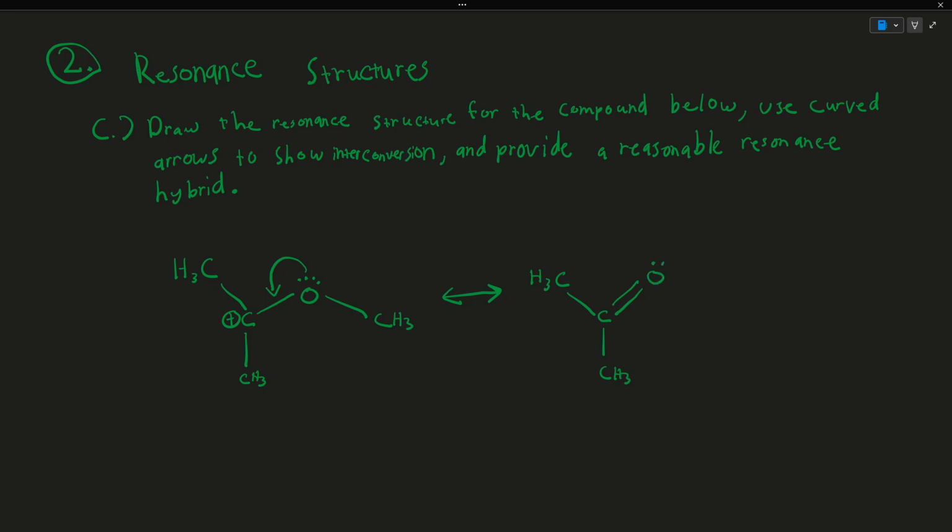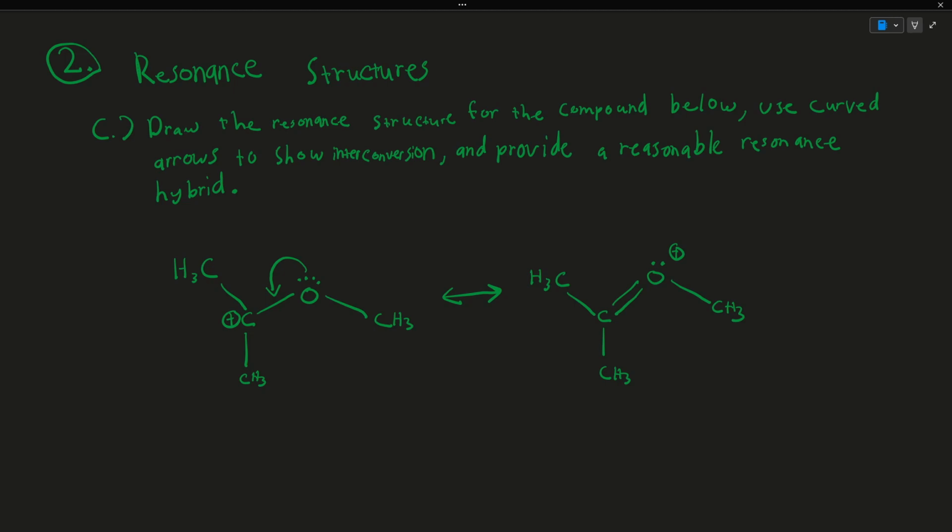Now what you see here is the carbon that was once positive is now neutral, and the oxygen that was neutral is now positive. This is also a good way to check your work when doing resonance: if you start off with a positive charge, you also end with one positive charge. For example, we did that here. You might be thinking, how did you get the positive charge for the oxygen?